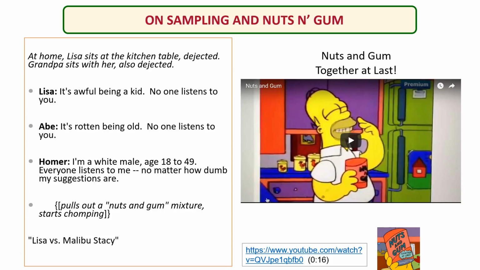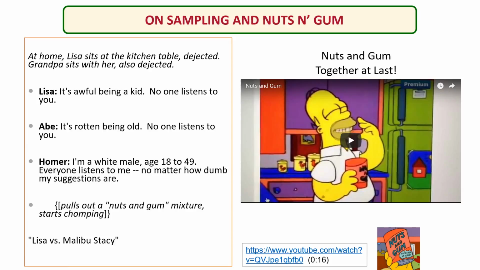And it's definitely an issue too if companies may also be failing because the 18 to 49 male segment might not actually be as descriptive as they think. After all, especially if you take Homer, Homer is probably not like your average 18 to 49-year-old male. I'm pretty sure, looking at your discussion boards, especially you gentlemen out there, a lot of you aren't like Homer Simpson.